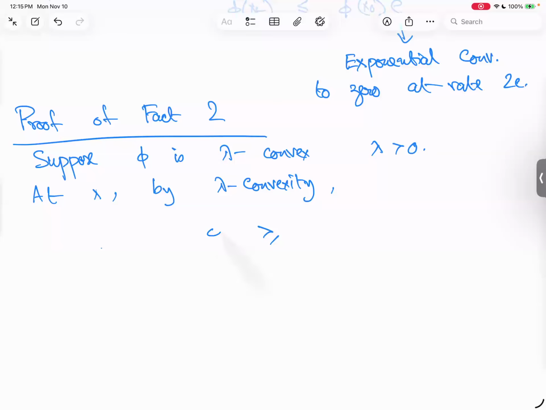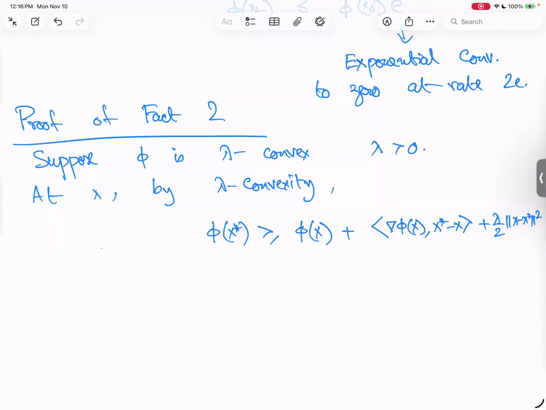So I would get that phi of x star is greater than or equal to phi of x plus the gradient of phi of x, x star minus x, plus lambda over 2 norm of x minus x star squared. I'm using gradient, but the argument works equally well for all subdifferentials.